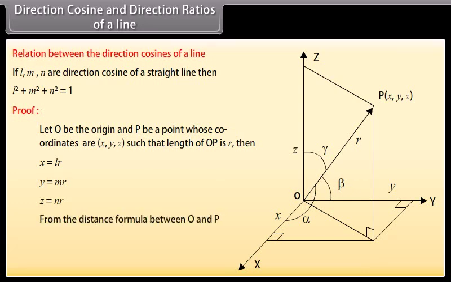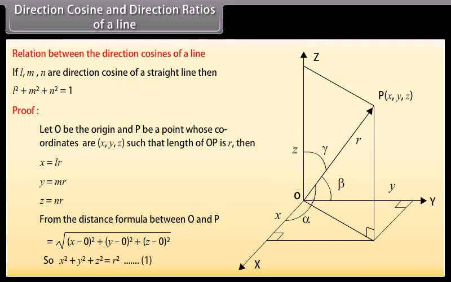From the distance formula, distance between O and P equals square root of (x minus 0) square plus (y minus 0) square plus (z minus 0) square. So x square plus y square plus z square equals r square, name it as 1.